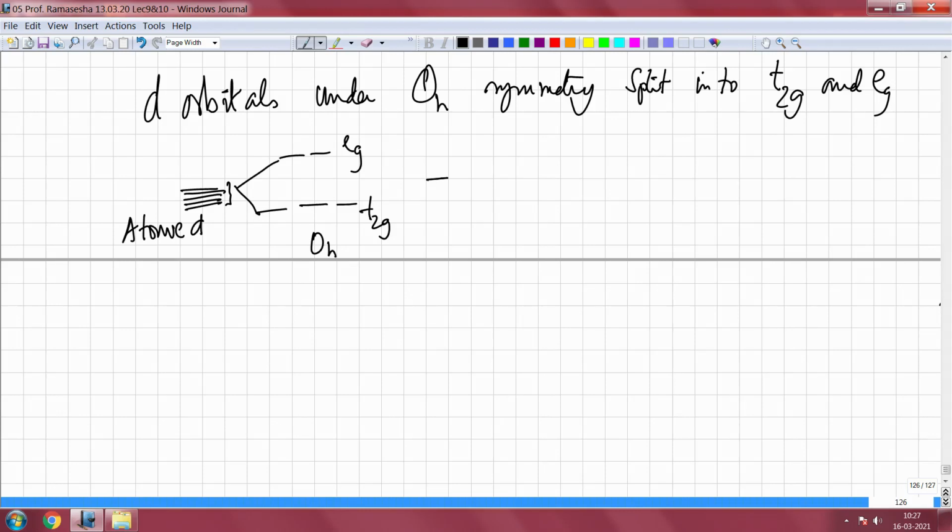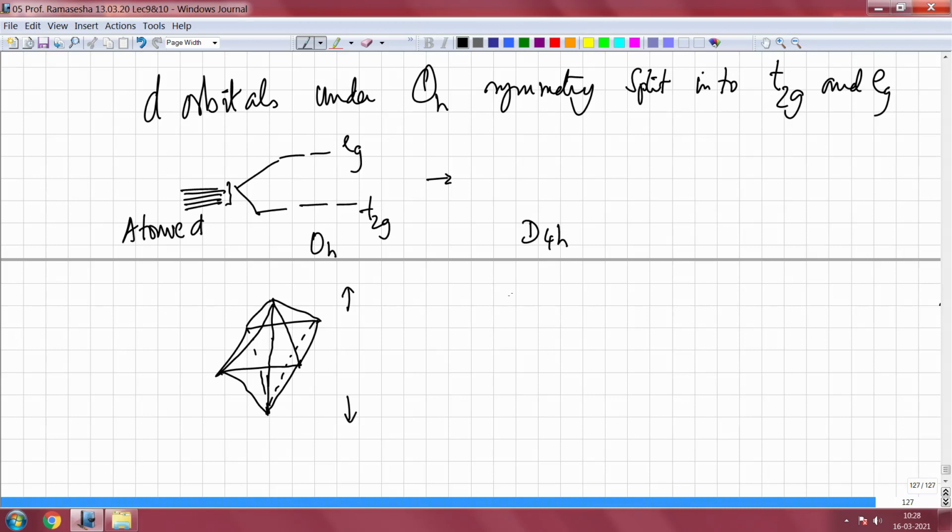So, if I go from here to D4h, which is basically done by the following, what we have is the octahedron, and we pull along the z axis.